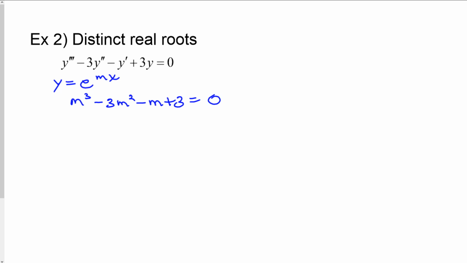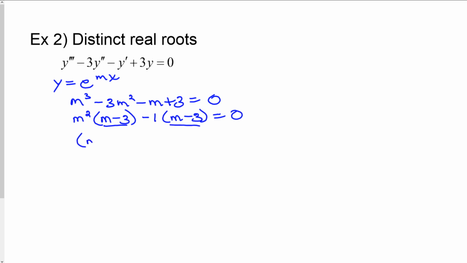Okay, we need to solve this equation to find the values of m that make this true. This particular cubic polynomial can sometimes be factored by grouping, and this is one of those that can. If we factor out the GCF of m squared from the first two terms, and we factor out the -1 from the last two terms, now we've got a common binomial factor of m minus 3.